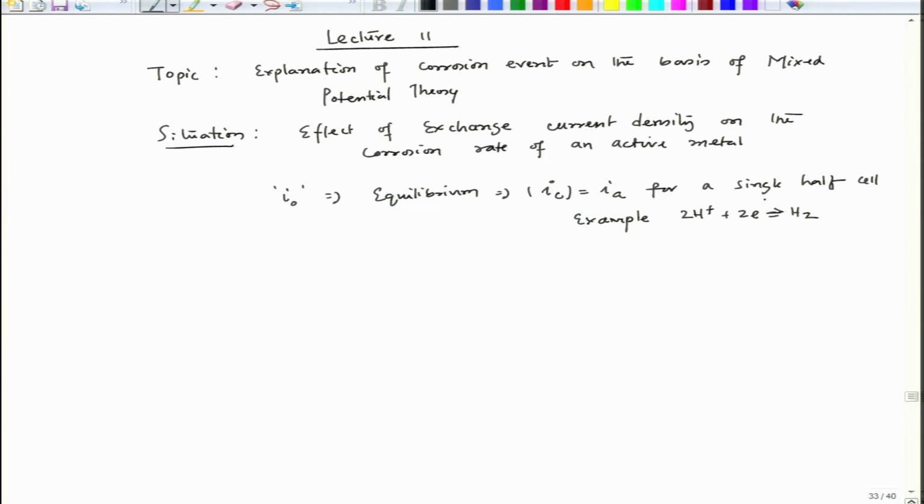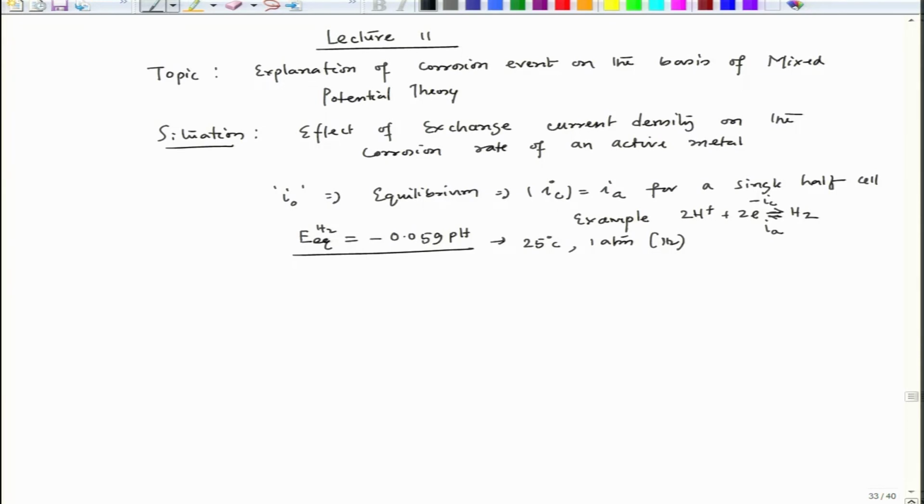This is my I c and this is my I a, opposite reaction, and then we have E equilibrium of hydrogen, which is nothing but minus 0.059 pH, and here we consider 25 degrees Celsius, 1 atmosphere pressure for hydrogen gas. So, this is when hydrogen gas is at 1 atmosphere pressure.